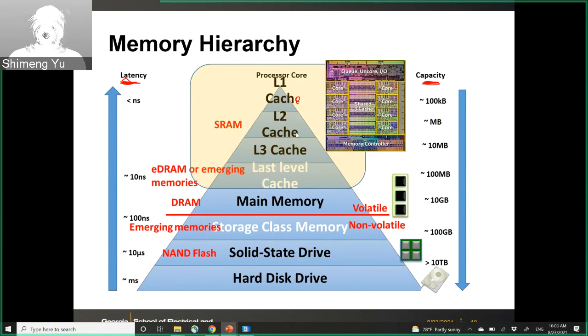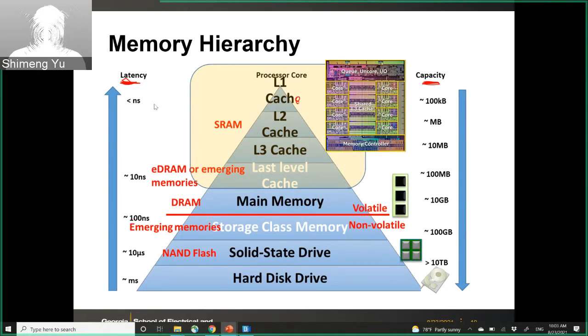But as we move along the hierarchy vertically, you see that the latency changes. For example, the L1 cache typically can operate below a nanosecond. This essentially is the same as your clock period. For example, if you are at 2 gigahertz, then your clock period is about 0.5 nanosecond. That means you can read and write your data in about 0.5 nanosecond from the L1 cache.